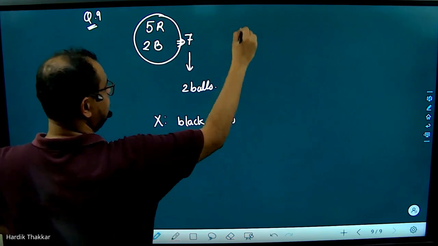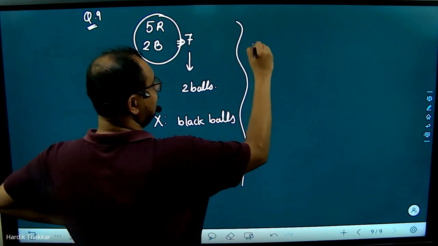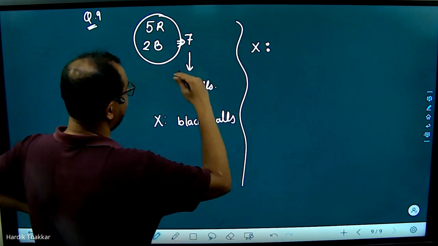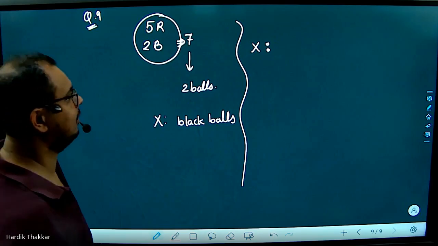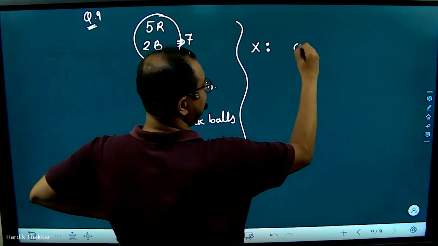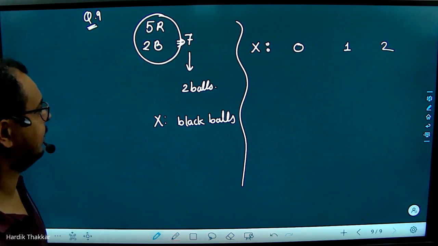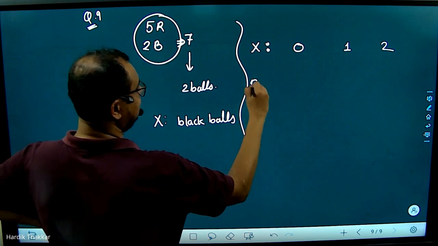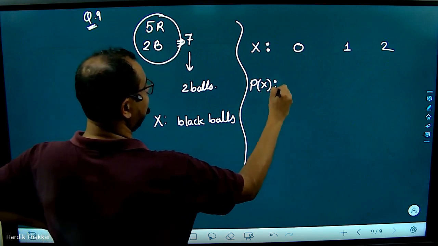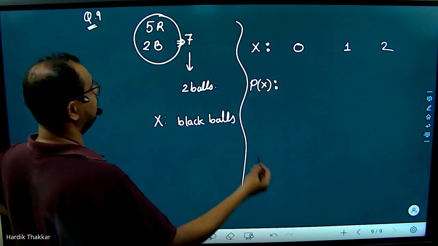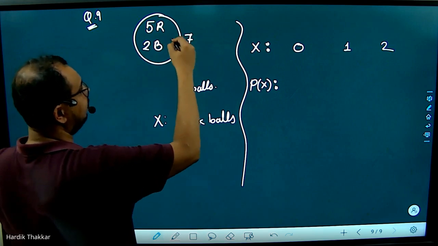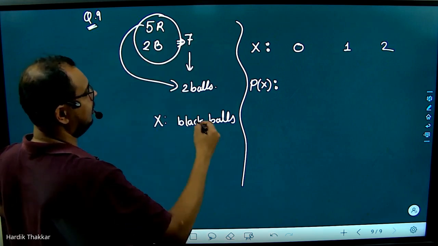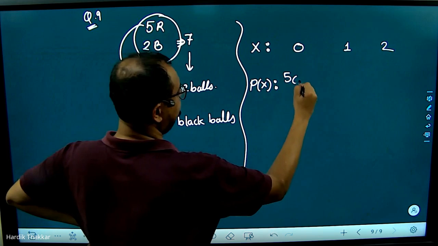So the situation is like this. If we are drawing 2 balls out of this box, then the number of black balls will be either 0 or 1 or 2. Now the probability in each case. The probability of getting 0 black balls: we will get both balls from the red group, so it will be 5C2 divided by 7C2.